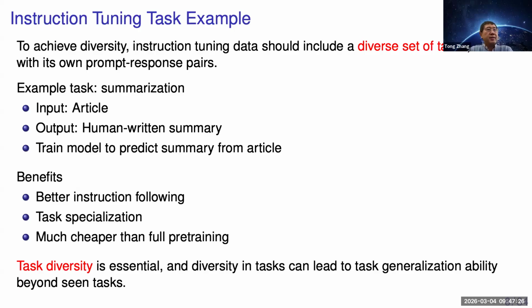For some unseen tasks you test, you can argue that because you have similar tasks, you generalize. So it's like coverage of all possible questions you expect to be asked and expect to answer. This is what diversity can bring you: task generalization.